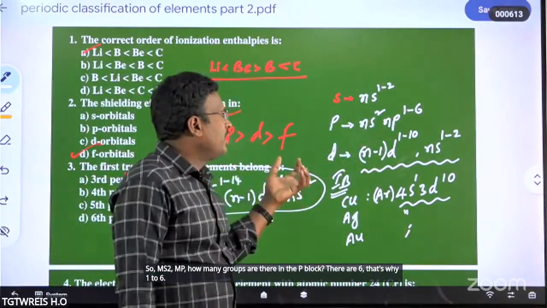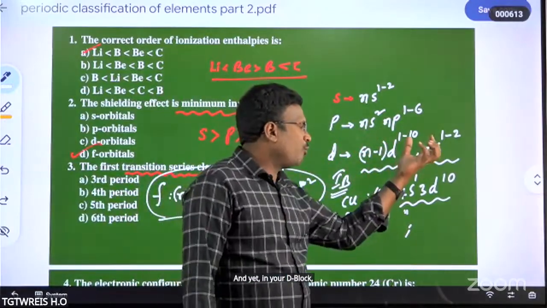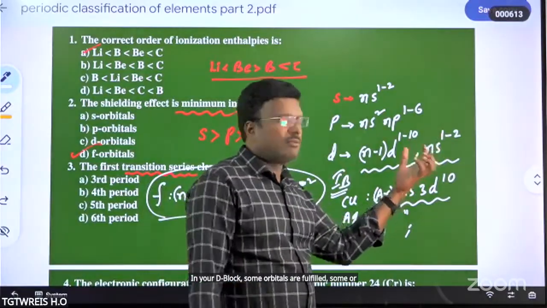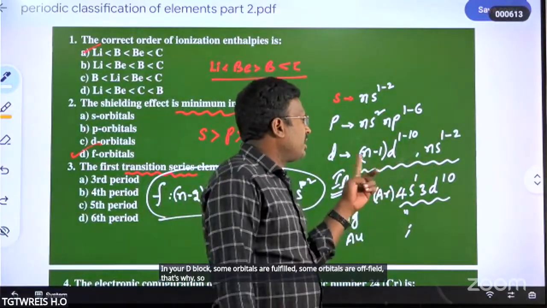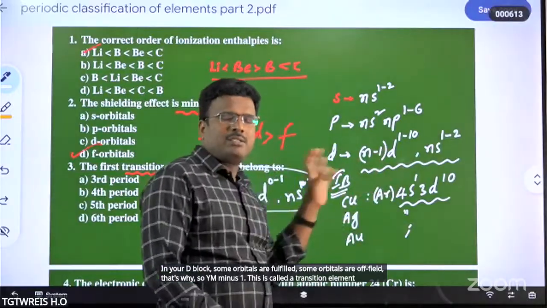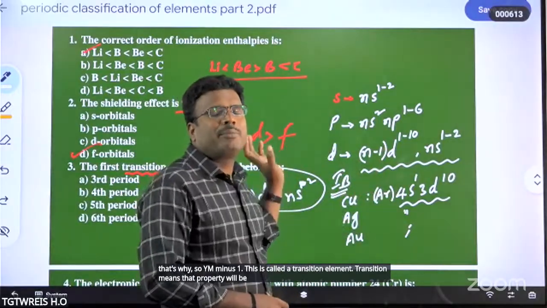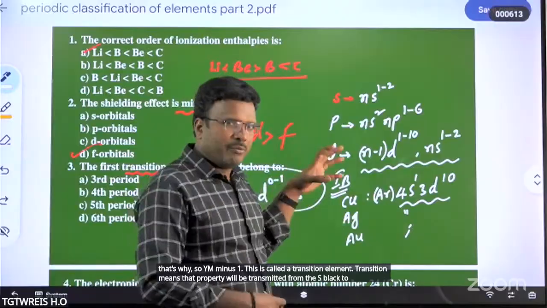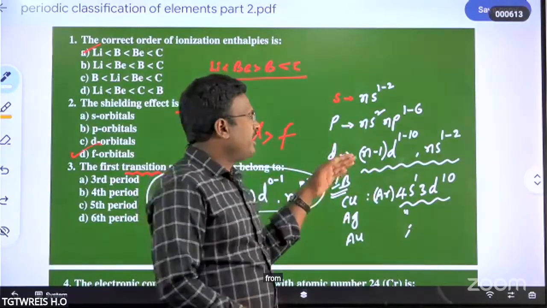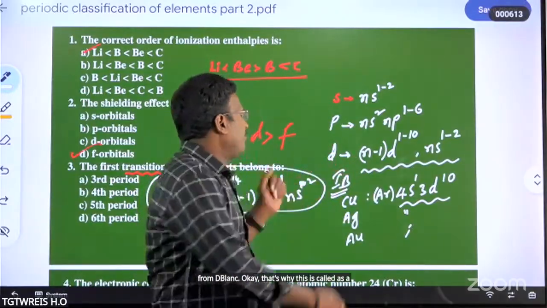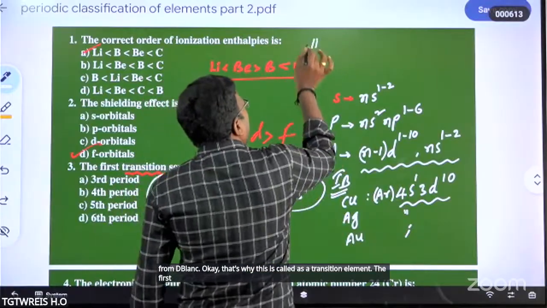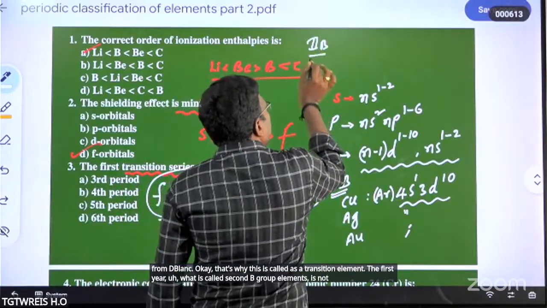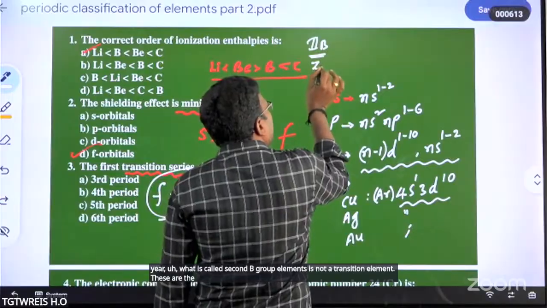In the D block, some orbitals are full filled, some are half filled. That's why it is n minus 1. This is called a transition element. Transition means that the property will be transmitted from the S block to the P block through the D block. The second B group elements, zinc, cadmium and mercury, are not transition elements, but they are D block elements.